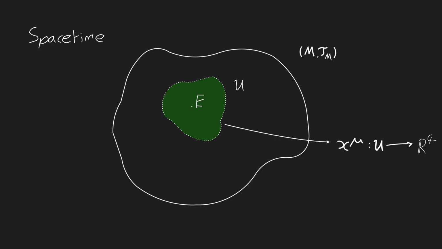And I could define a chart that looks like this, which maps from U to R4 in this example. So when I do that, this introduces a set of coordinates, x0, x1, x2, x3. So you have x, y, z, and then you also have time, which is t. One observer may define a chart, another observer may define a different chart, for example.